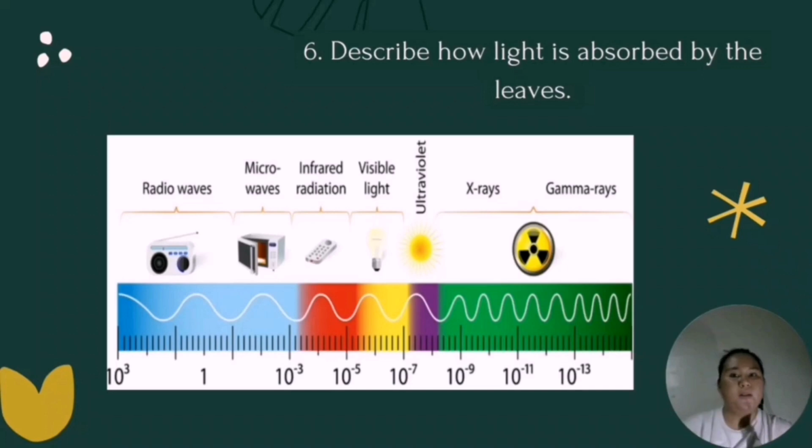So all visible light wavelengths except the green one are absorbed by the chlorophyll. The green is reflected, so plants appear green to us because of this.